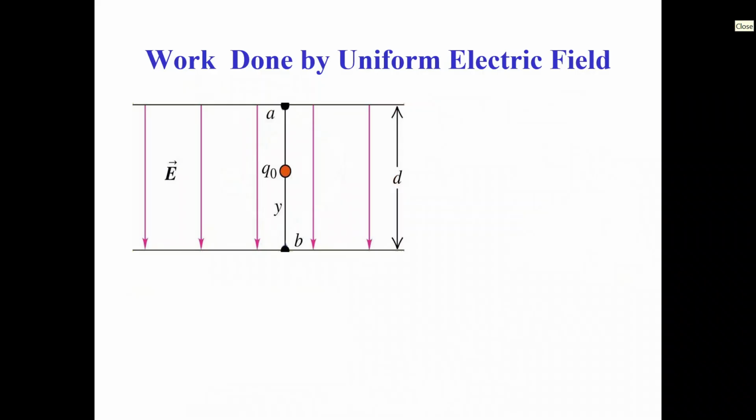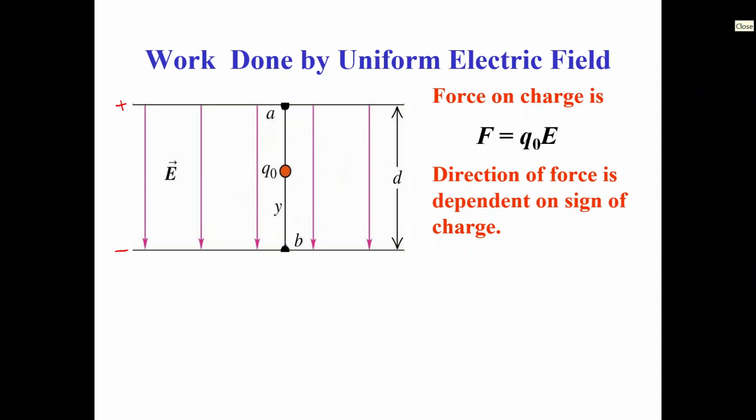So if we look at the work done by a uniform electric field, remember that a uniform electric field is uniform in magnitude and direction, so you can picture it being created by parallel plates. We'd have a positive parallel plate and a negative parallel plate there, creating that uniform electric field. I have a test charge, Q0, that is placed into that field at some particular location, and my plates are separated by a distance of d.